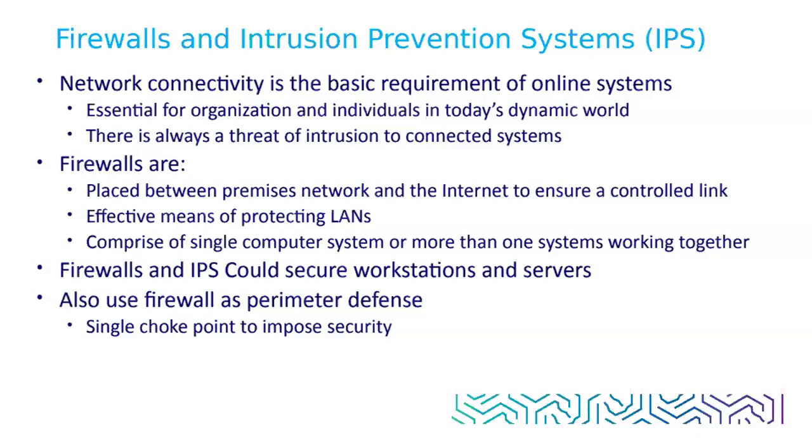And LAN protection, which safeguards the internal computers, servers, and network resources. That is why firewalls and intrusion prevention systems are essential components of modern network security. When placed at the network perimeter, they create a single choke point where all the traffic is inspected. It helps organizations protect their local network, workstations, servers, and even digital devices.